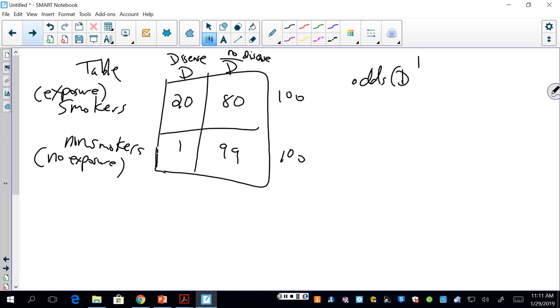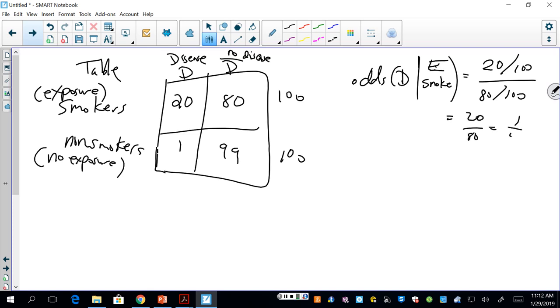So this is exposure, E, smoke, more neatly. So the probability of disease is 20 out of 100. The probability of no disease in this group is 80 out of 100, which is 20 over 80, or 1 out of 4. What's the odds for the disease among those who are not exposed? So non-smokers.